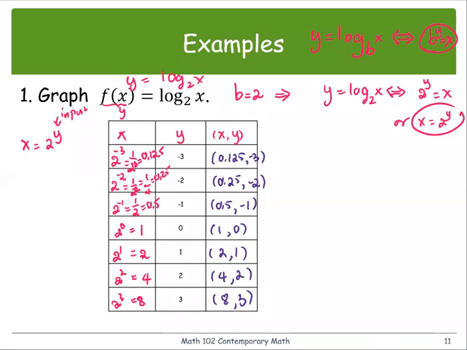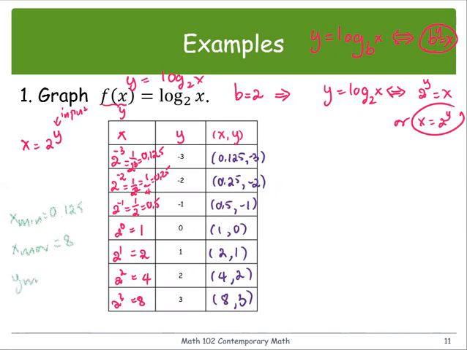And next we're gonna put our ordered pairs and plot them on the xy plane. Here is a tip and technique to sketch a graph. From the list of the xy coordinates, make a list of your x minimum value. The x minimum is 0.125, the x maximum is 8.